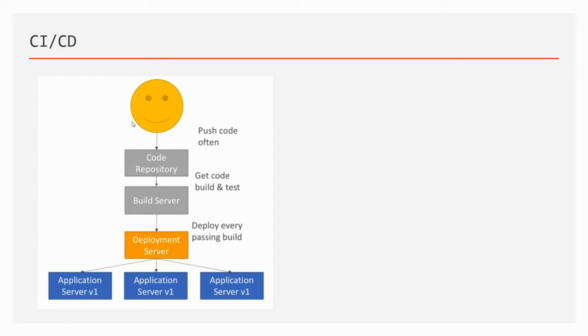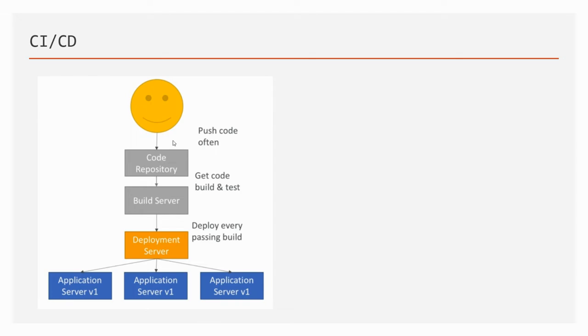We will complete the functionality and then push our code to the repository, meaning our source code, either to GitHub or any repository out there. Once the code is pushed into the repository, a build server will take that code and build our jar file or war file in the case of Java applications.